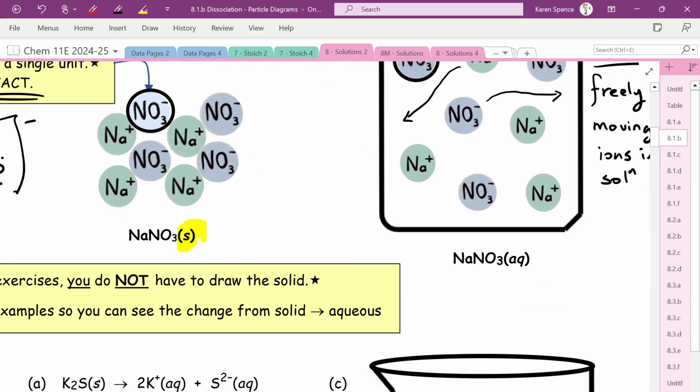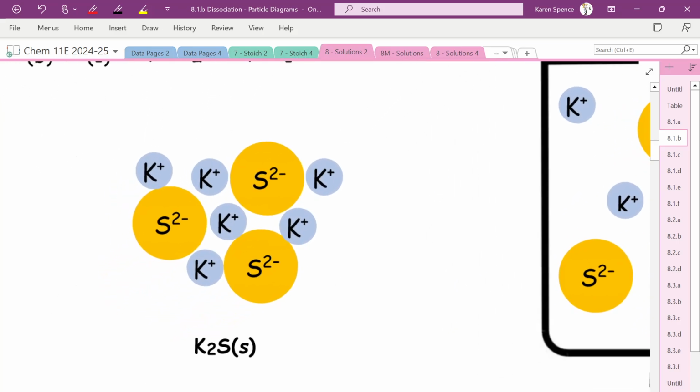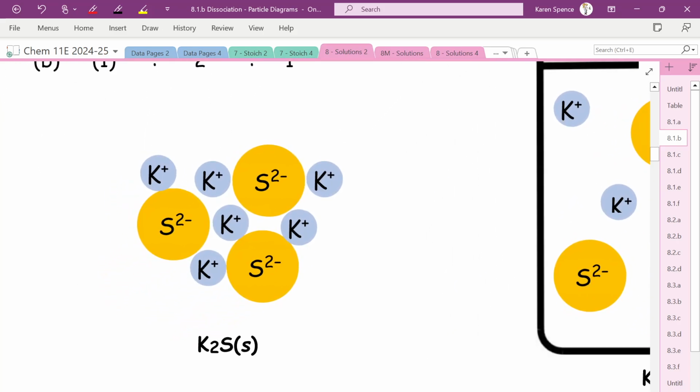All right, let's take a look at our next one. And you can see here the solid salt that we've drawn. What is the ratio of K's to S's? There's 2 K's for every 1 S, okay?